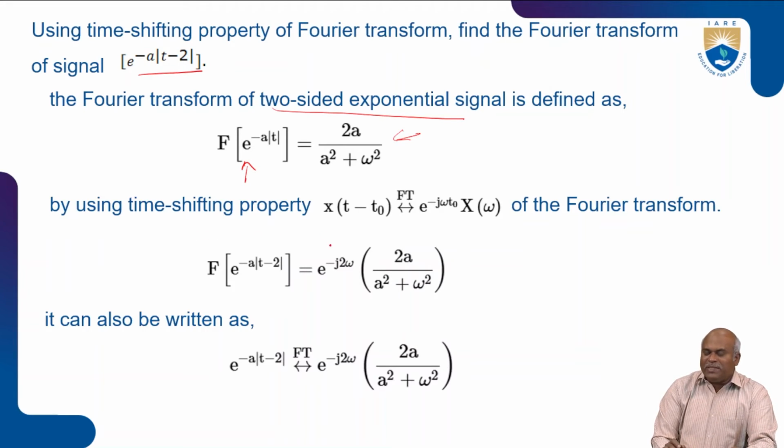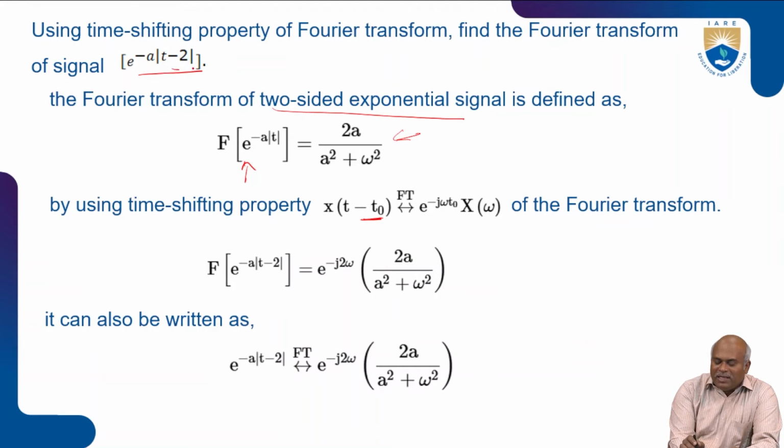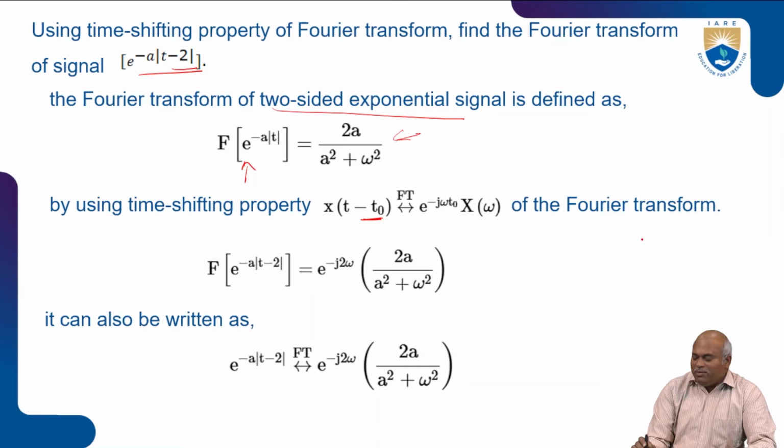By using the time shifting property, x of t minus t0 has the Fourier transform e power minus j omega t0 times X of omega. Here, the shift is t0, which is 2 in the given signal.